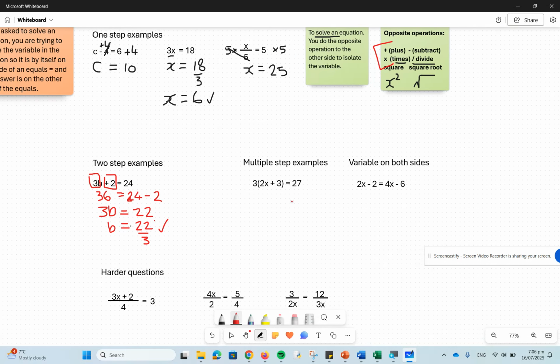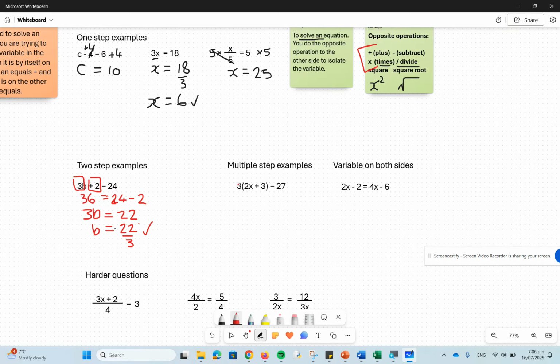Okay, multi-step is where you have to do lots of steps. So this one you have to expand the brackets first. So I have to go 3 times 2x is 6x, and 3 times 3 is 9, equals 27.